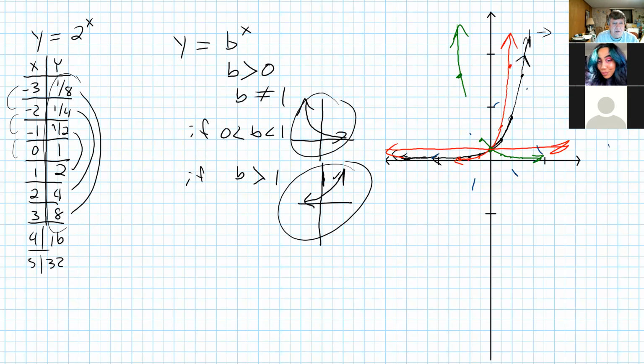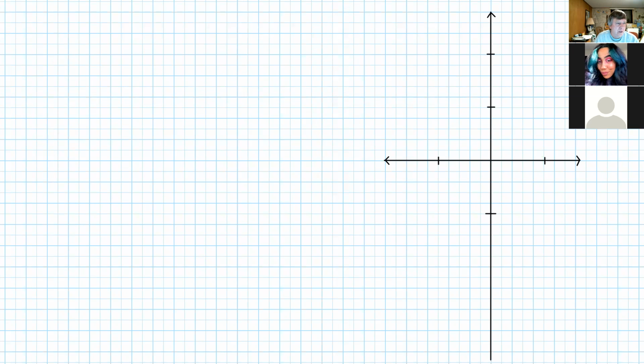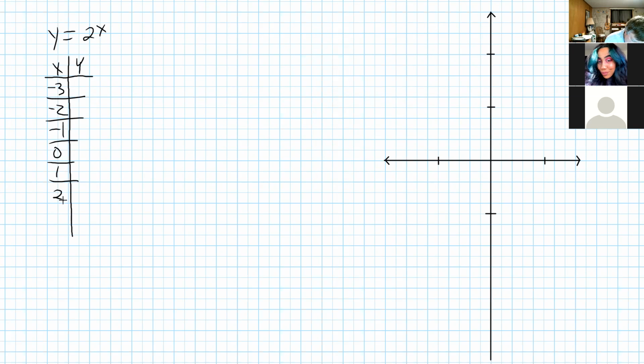Now, let's go to the next page. And let's again look at y equals 2 to the x. X, y: negative 3, negative 2, negative 1, 0, 1, 2, 3.